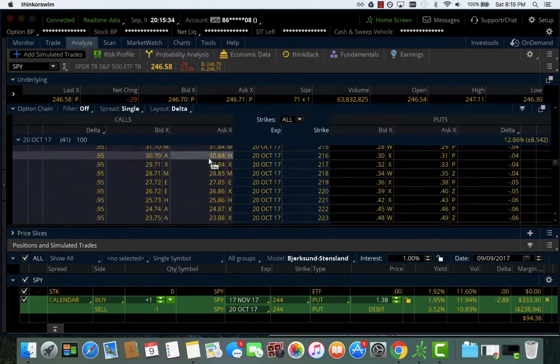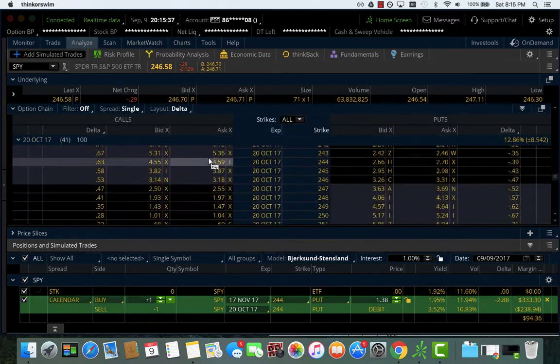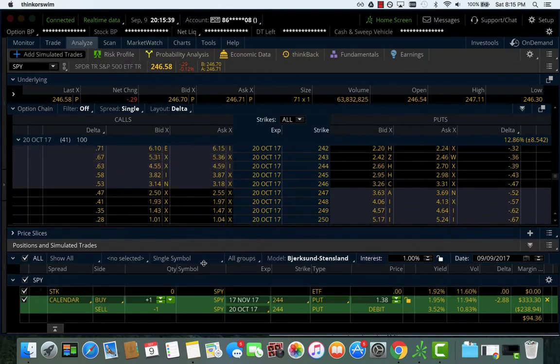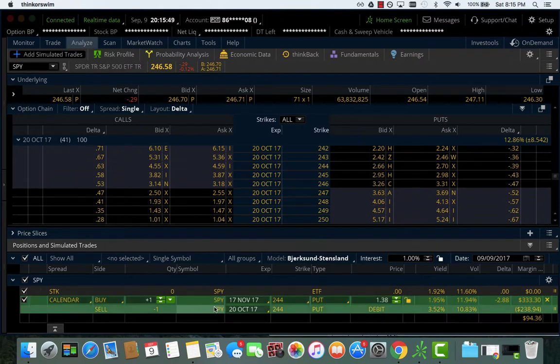That is a profitable strategy for us. So again, if implied volatility increases, the put that we bought furthest out is going to increase in value more than the put that we sold in the closer expiration is going to decrease in value, right? So that's why we like to do it.